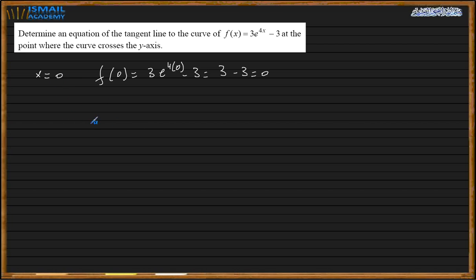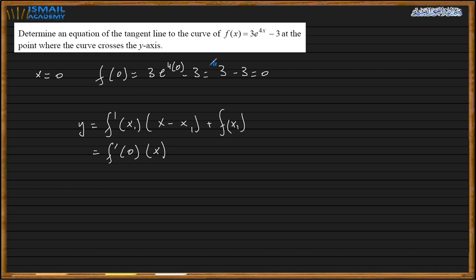So what is the equation of the tangent line? The equation of the tangent line is y equal f prime of x1 times x minus x1 plus f of x1. My x1 here is 0 and my f of x1 is 0, so it becomes just f prime of 0 times x.